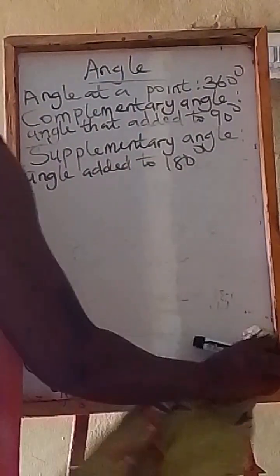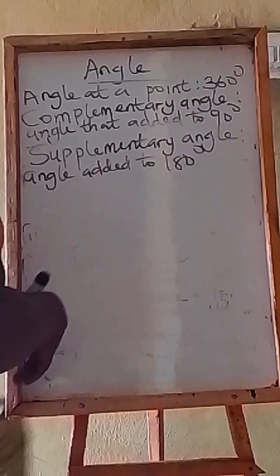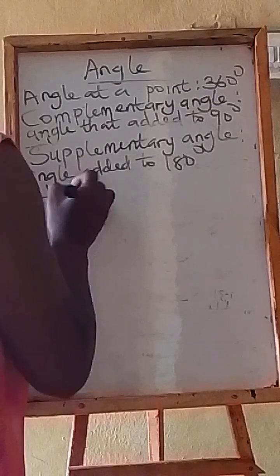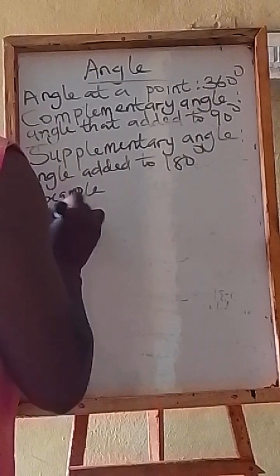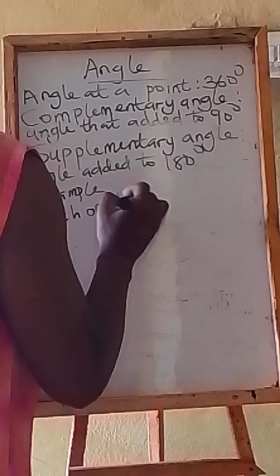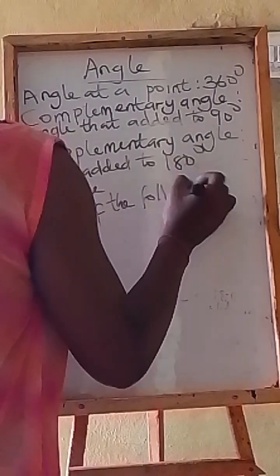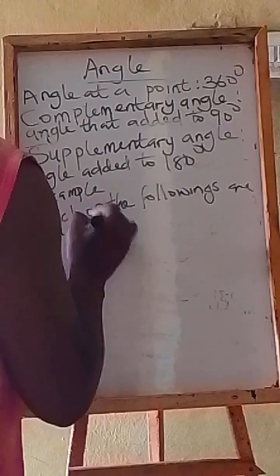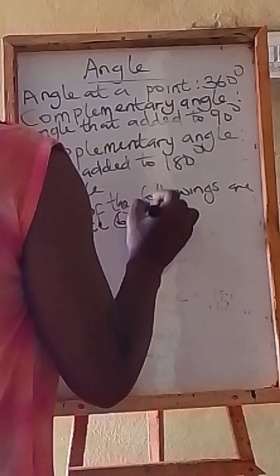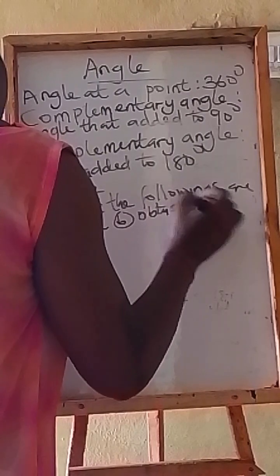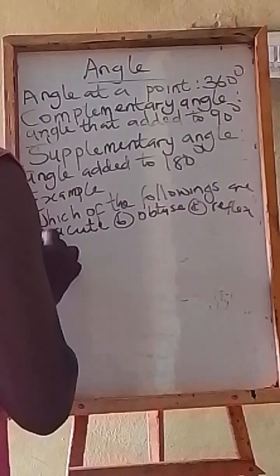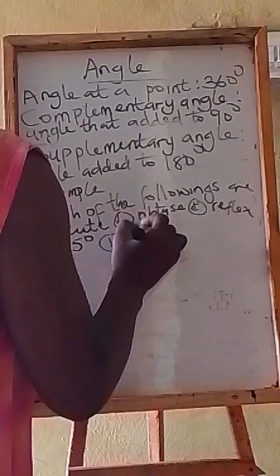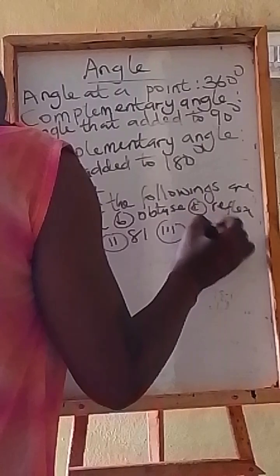So what do you do? We have an example. Which of the following are A, acute, B, obtuse, and C, reflex? So we have 125, 81, 305.